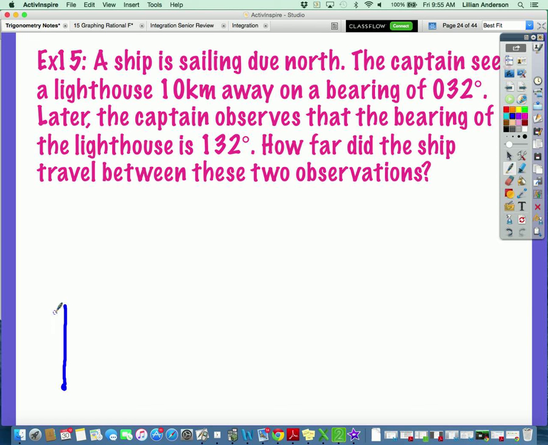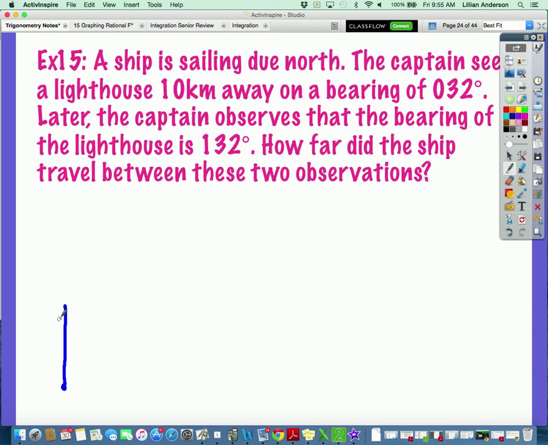Later, the captain observes the bearing of the lighthouse. All right, so the ship is sailing due north, and on a bearing of 32 degrees he sees the lighthouse 10 kilometers away.